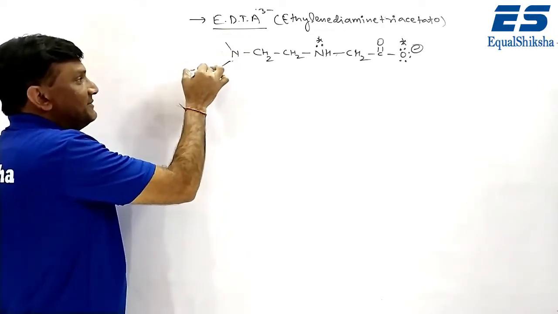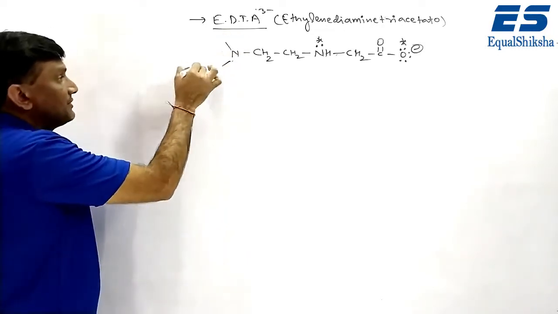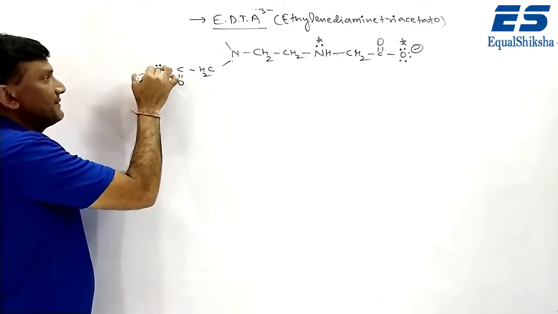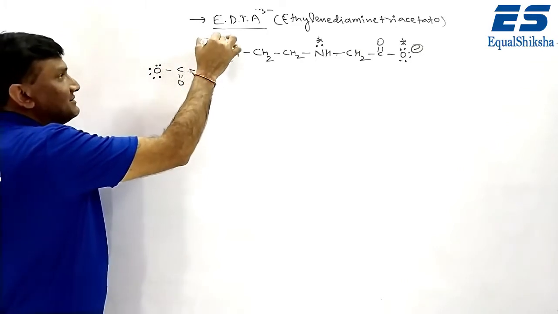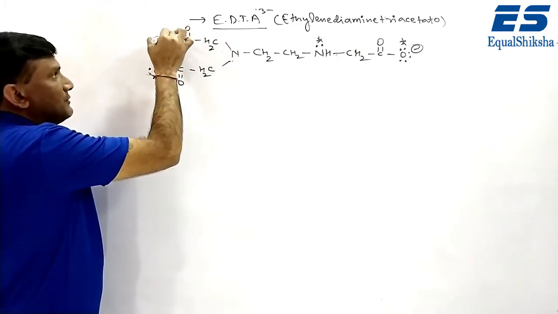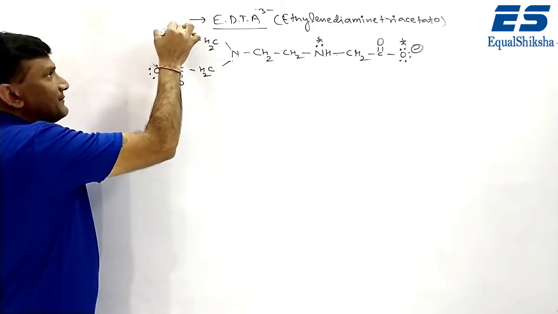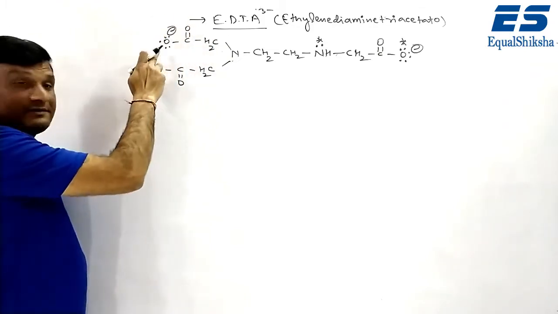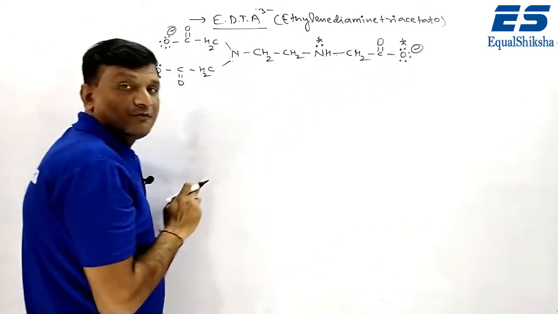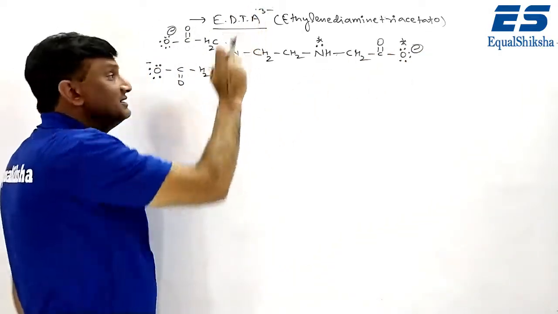So here will be CH2, COO negative, and another CH2, COO negative. The charges are -1, -1, -2, and this one is -1, so the total is -3.